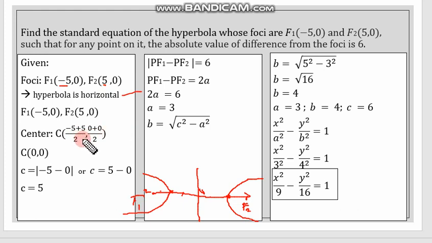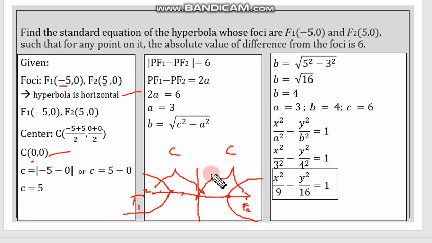Negative 5 plus 5 is 0, divided by 2 is 0, and 0 plus 0 over 2 is 0. So we have the center at the origin, (0, 0). From the center to focus 1, that's c. Also, from the center to focus 2, that's c.